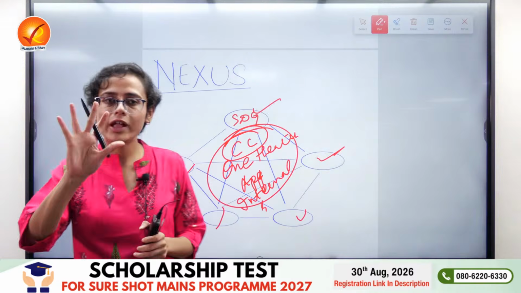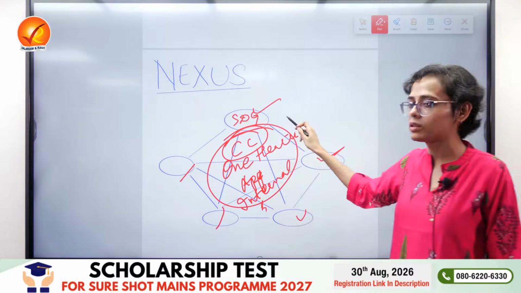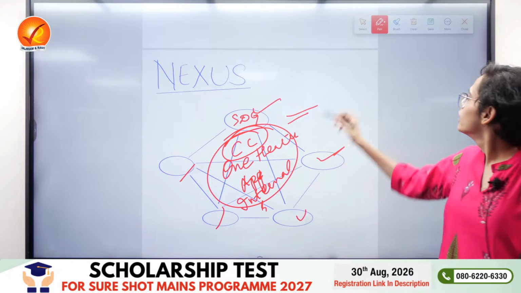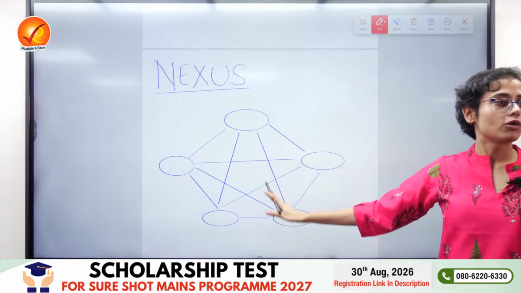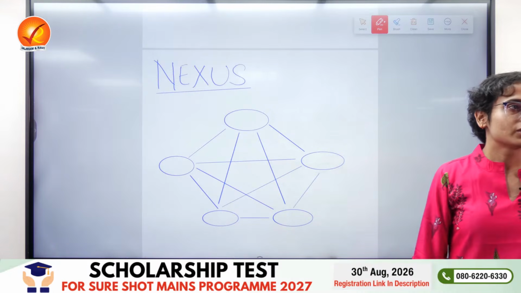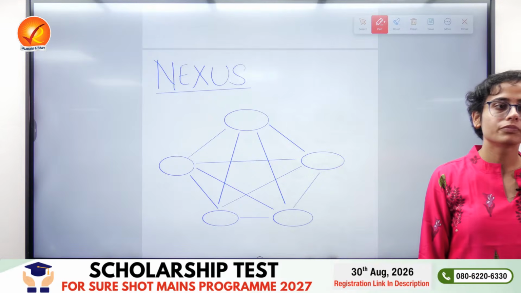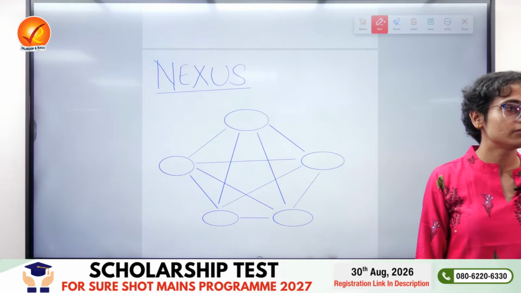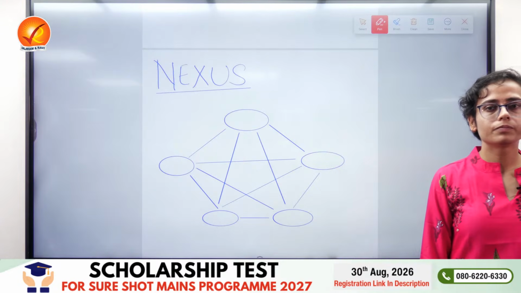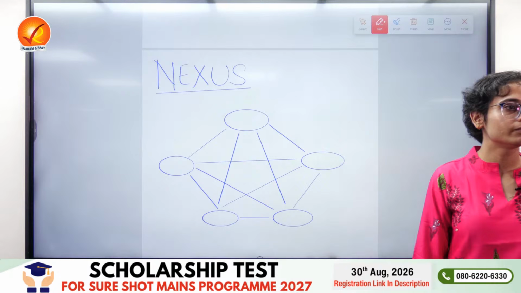So instead of writing those 5 points in point-wise format, try to make it like that. Try to make such sort of nexus. Nexus of what? Let's say nexus of corruption, nexus of bureaucrats and politicians, nexus of climate change, nexus of social inequality, nexus of good governance and unethical governance both.